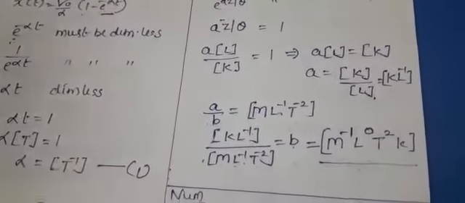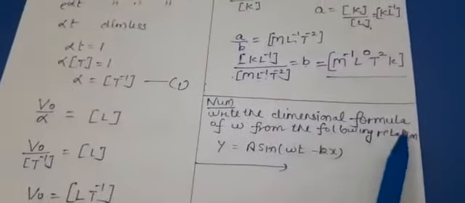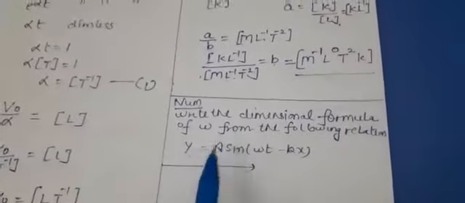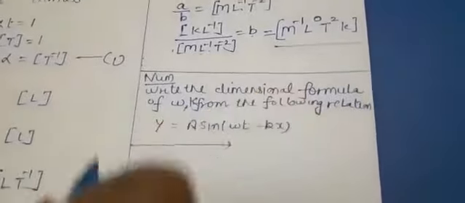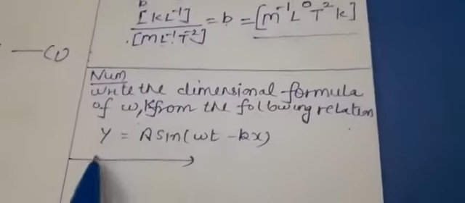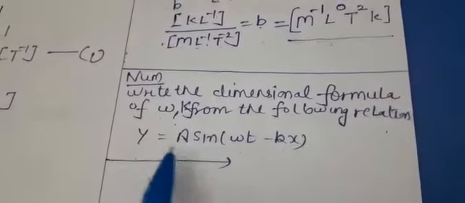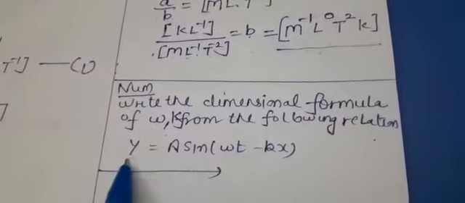Now after this, coming to the next numerical. Write the dimension formula of omega and K from the following relation, where y is equal to a sine omega t minus kx. See, this is a relation.